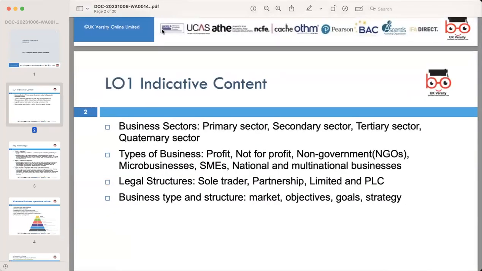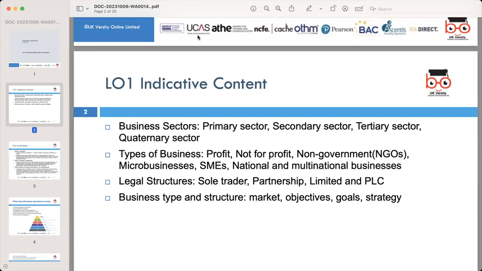Okay. So in this section, we will discuss the indicative content of learning outcome 1, which focuses on understanding different types of businesses, business sectors: primary, secondary, tertiary and quaternary sectors, and types of businesses, for example, profit, non-for-profit, non-government organizations or NGOs, and micro businesses, small and medium-sized enterprises or SMEs.